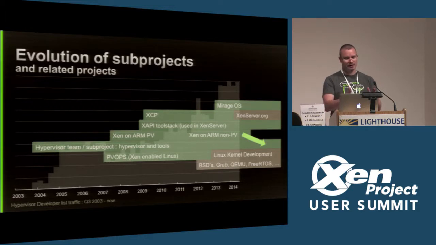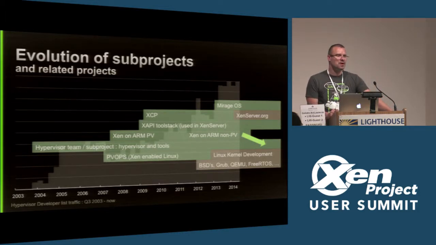So one of the ideas behind those sub-projects is, it could be a larger project which achieves a single aim, such as adding ARM support or adding a big piece of functionality to the hypervisor. And to make it easier for people, we create these sub-projects to give you a focal point to coalesce around.